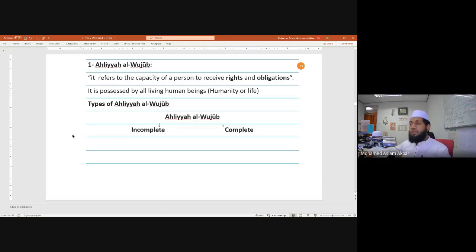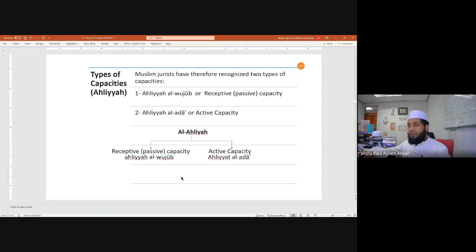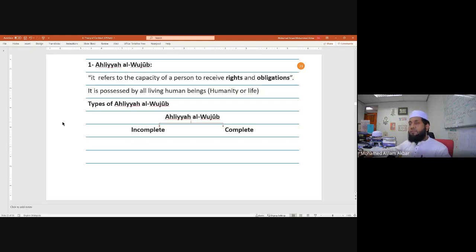This is what we call receptive passive capacity, right? It refers to the capacity of a person to receive rights and obligations. It is possessed by all living human beings, all humanity that is alive. Again, inside this Ahliya al-Wujub, you have two types.